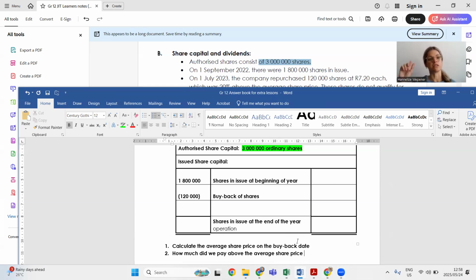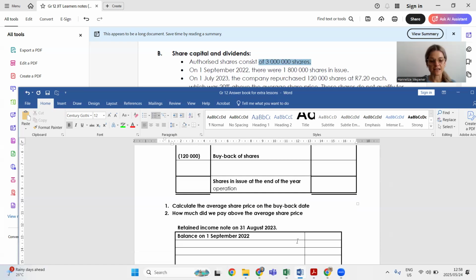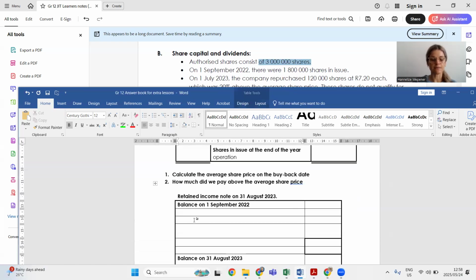But what about that additional amount? We can't just ignore that amount. So we need to take the amount above the average share price to the retained income and say, repurchase, buyback of shares. And this will then have the amount above the average share price.